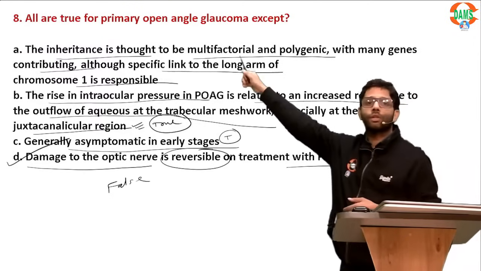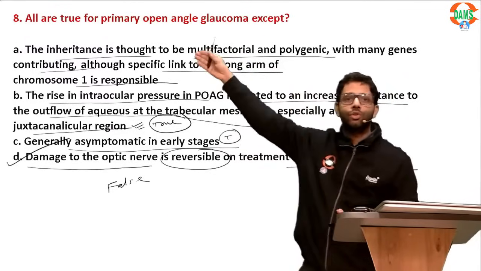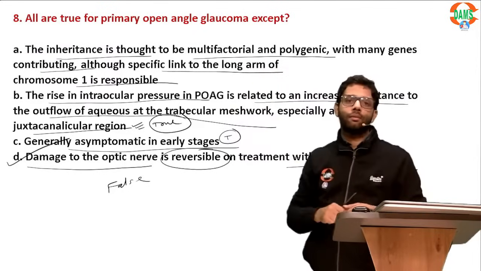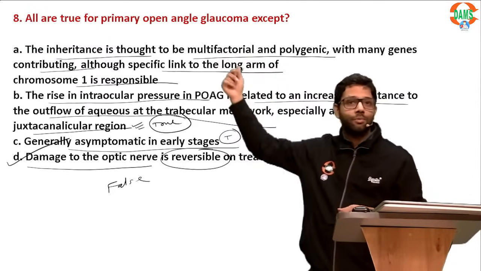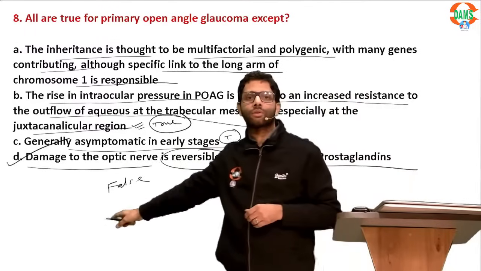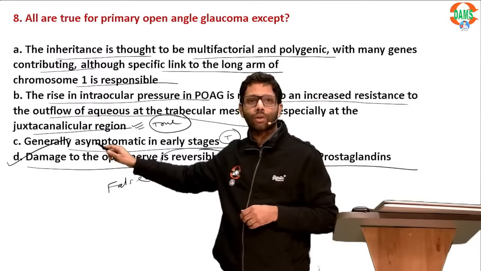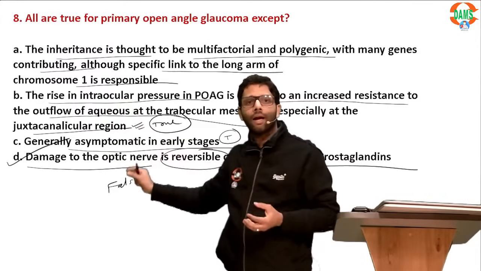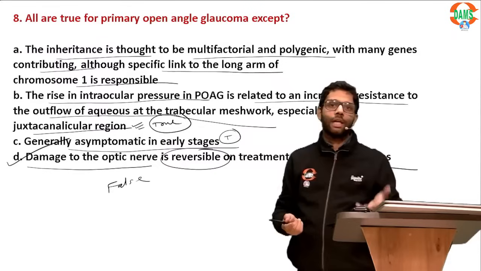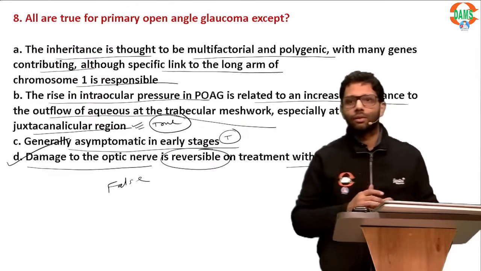Even if you don't know the first option, it has to be true because D is the answer. The first option is true, again a line from Parsons. MCQ is a game of 3. You should know the other 3 options. Second and third are expected: silent thief of sight, open angle glaucoma, trabecular meshwork resistance. And it is not reversible. That's why glaucoma is the most common cause of irreversible blindness. Good, Sapna.